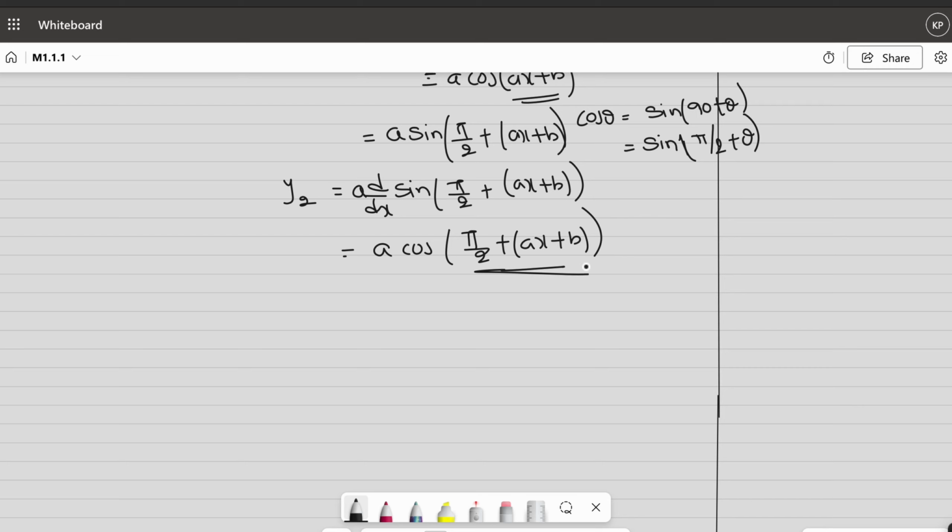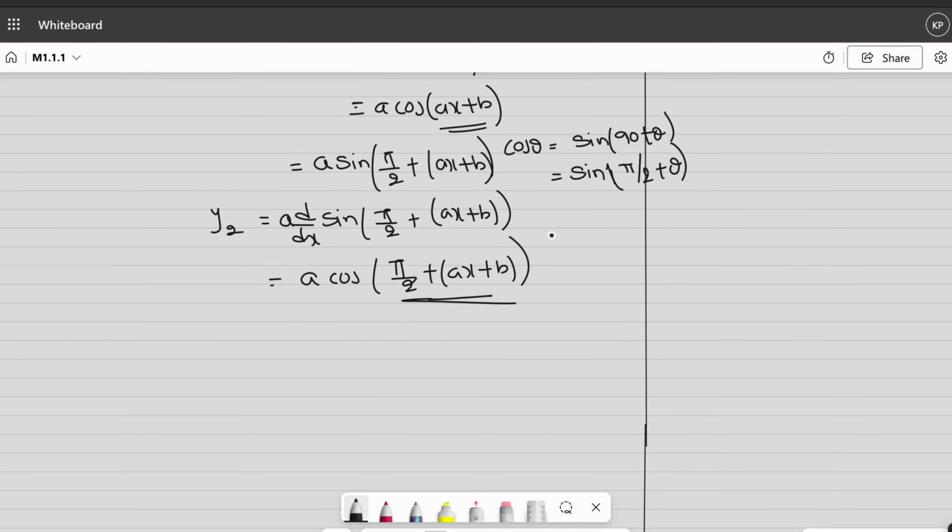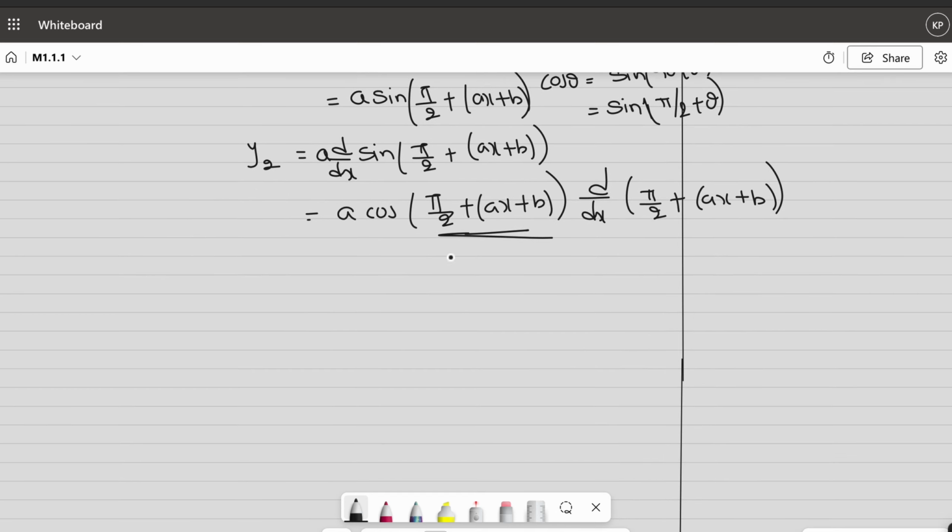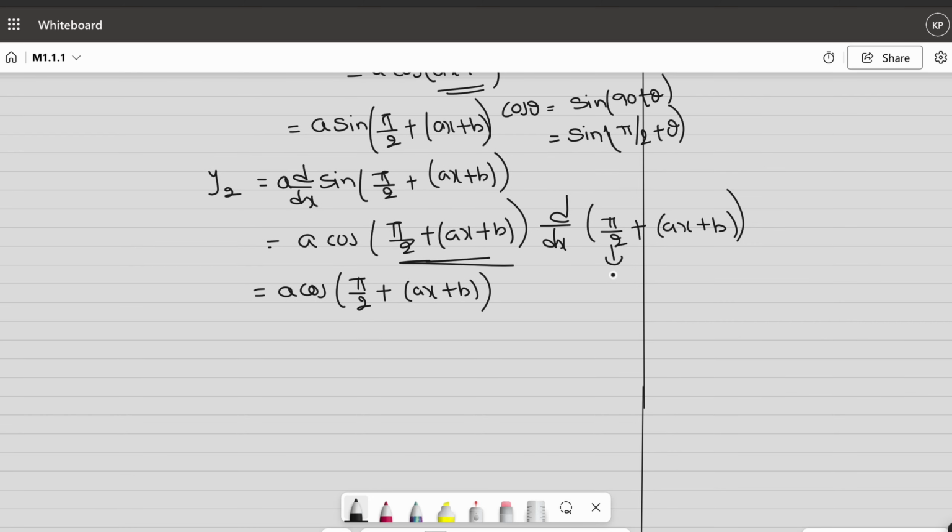But we know that this is not in the x form, we have to derive this again as d by dx of pi by 2 plus ax plus b. So it will become again a into cos of pi by 2 plus ax plus b, and derivation of constant will become 0, and derivation with respect to x becomes 1. So finally we'll get a.